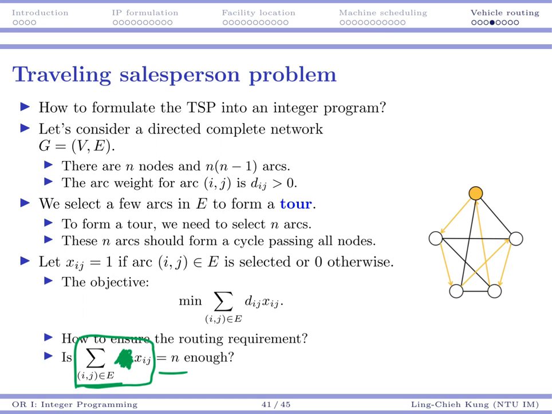Okay, if you have 5 points here, then of course you need 5 edges so that you may form a route. So this looks fine, but unfortunately this is not good enough, because only knowing this may give you weird solutions. For example, maybe this is your first, second, third, fourth, and the fifth. Okay, you may select these 5 arcs, and it is not a tour at all. So we need some more.